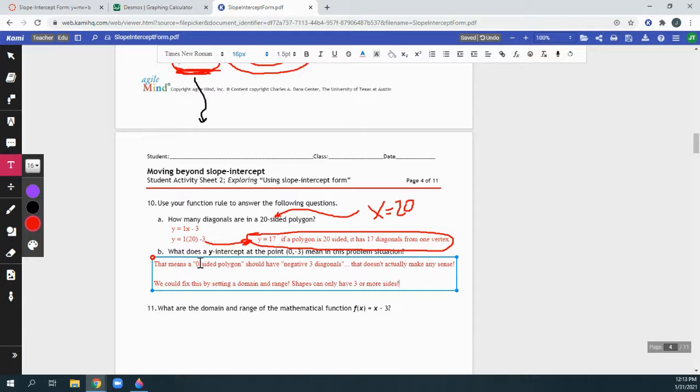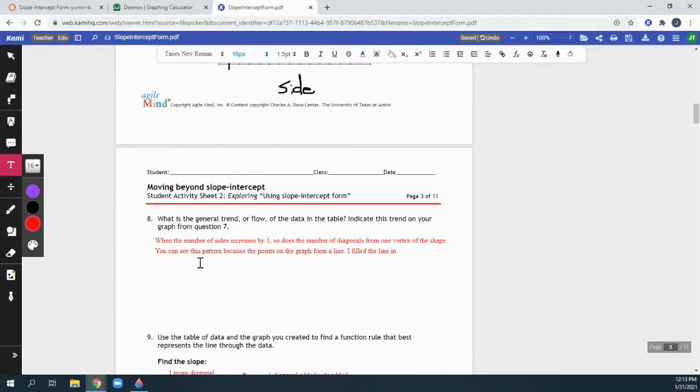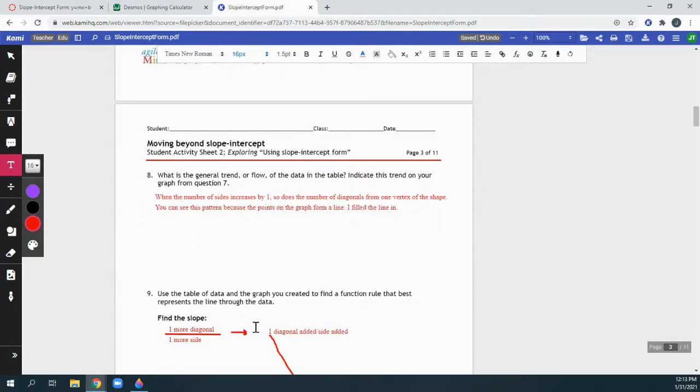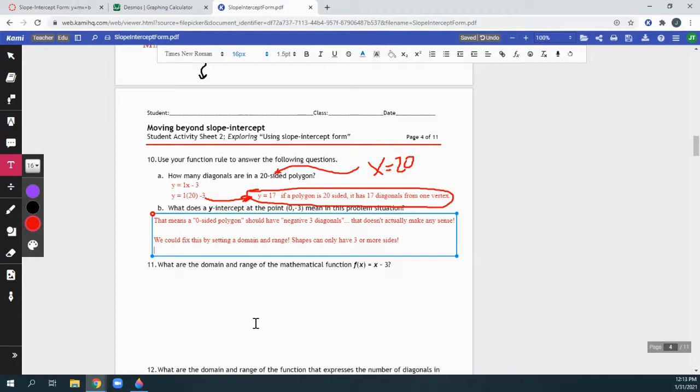So remember, domain and range tell me what x and y could be. So I could say x has to be bigger than, well, x is the number of sides, has to be 3 or bigger. X is greater than or equal to 3.